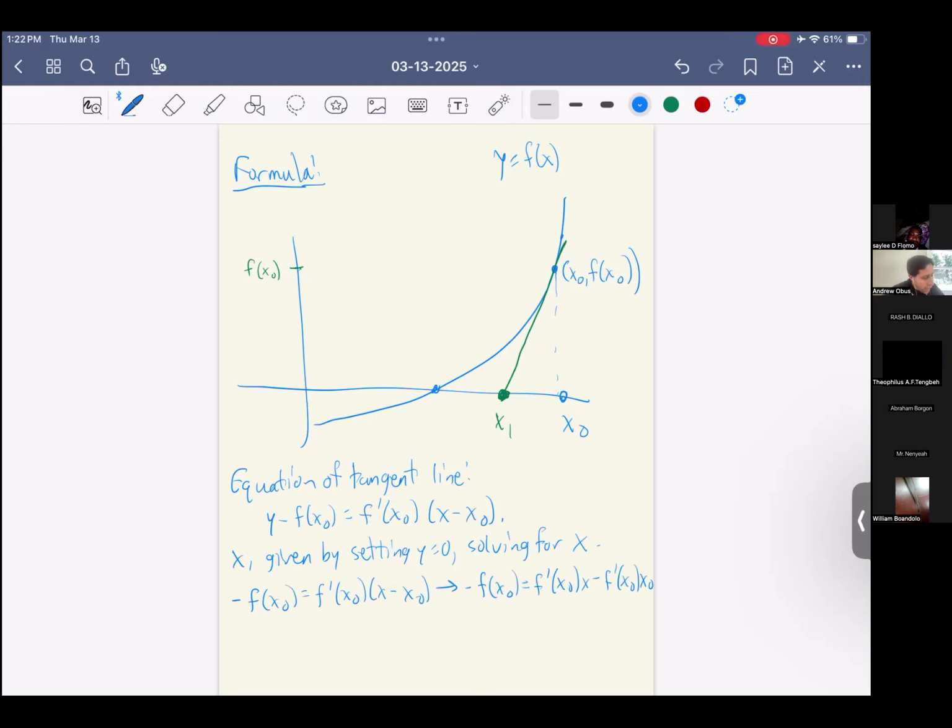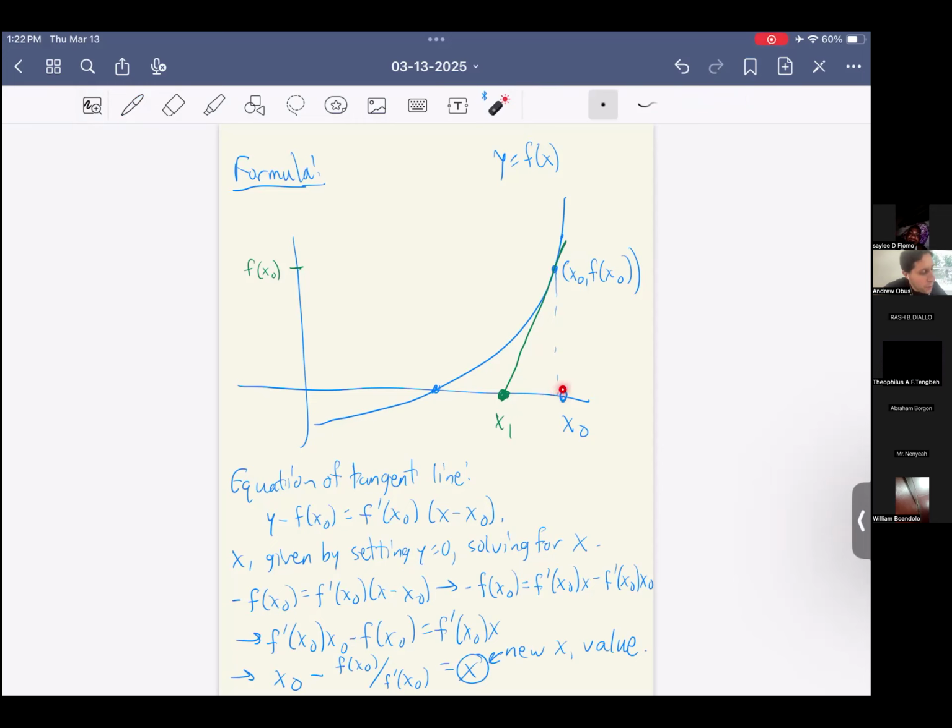Then solving for x, I get f prime of x0 x0 minus f of x0 equals f prime of x0 x. And lastly, isolating x, I get that x0 minus f of x0 divided by f prime of x0 is equal to x. So this is going to be my new x1 value.